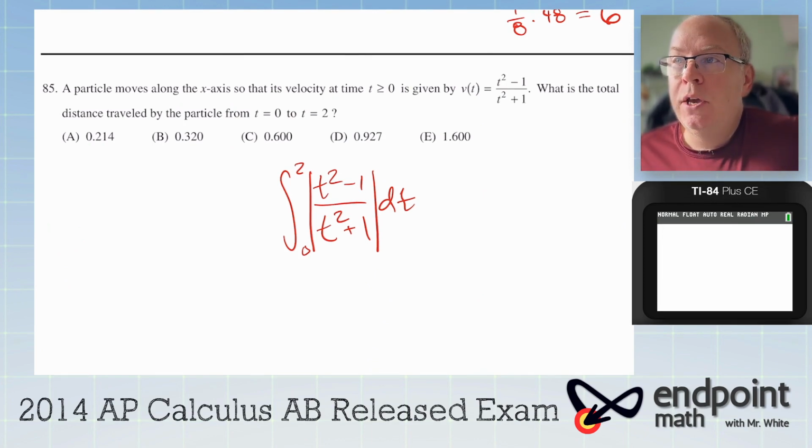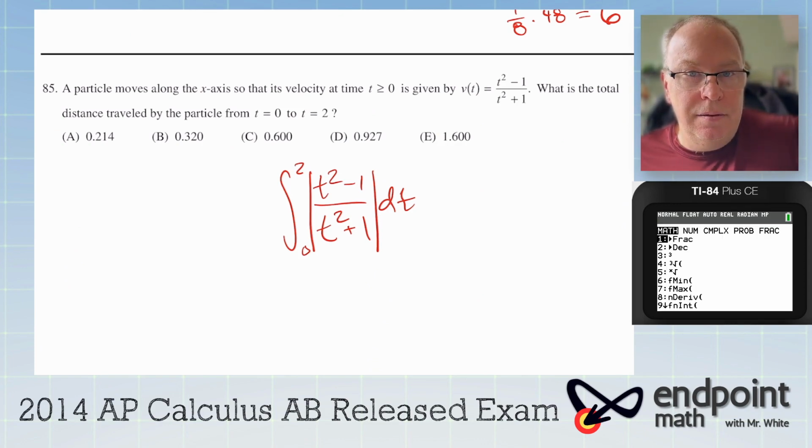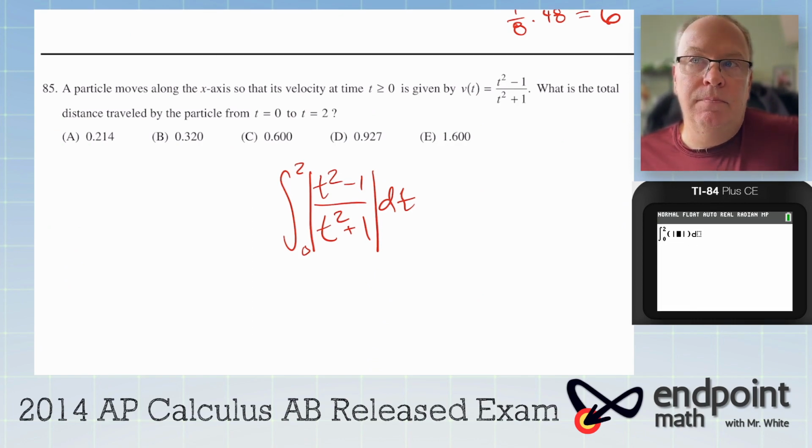All right, so we go to the calculator on this. Math, number 9. The integration from 0 to 2. And the function is a fraction. Now, I do need to do the absolute value. That's under math, and you go over to num, and number 1 there is ABS.